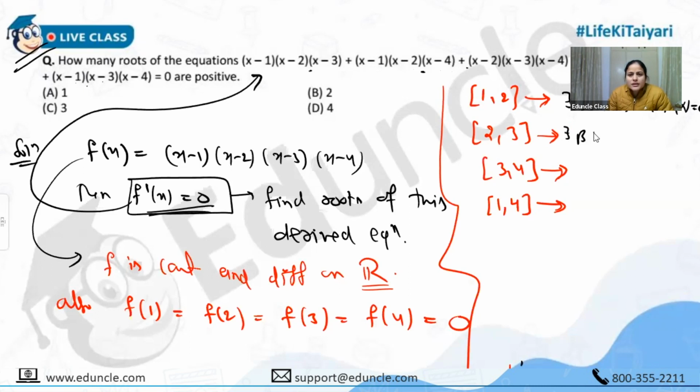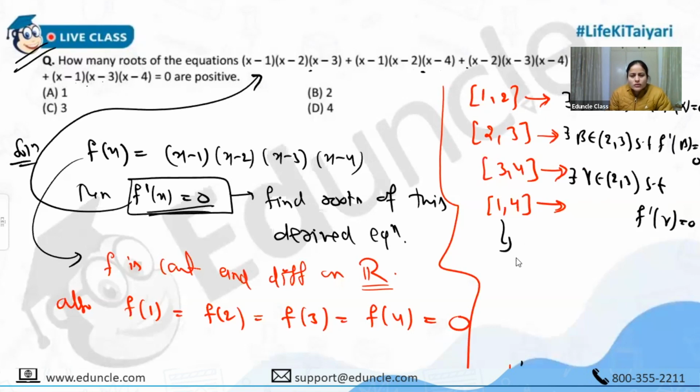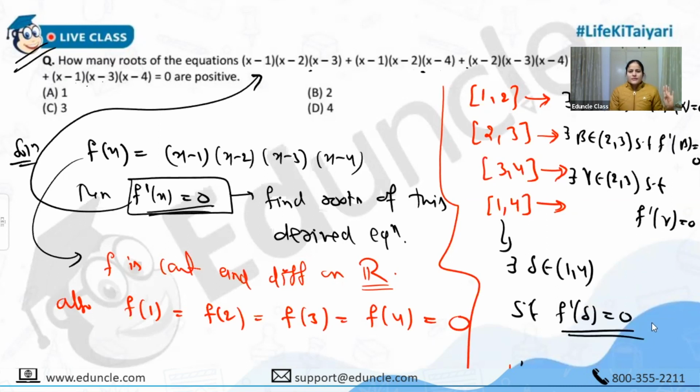There exists beta belonging to 2 and 3, such that f dash at beta is equal to 0. ठीक है, so there exists a gamma belonging to 3 to 4, such that f dash at gamma is equal to 0. And if you are taking this also, you can consider there exists a point delta belonging to 1 to 4, such that f dash at delta is equal to 0. ठीक है, करेक्ट है.